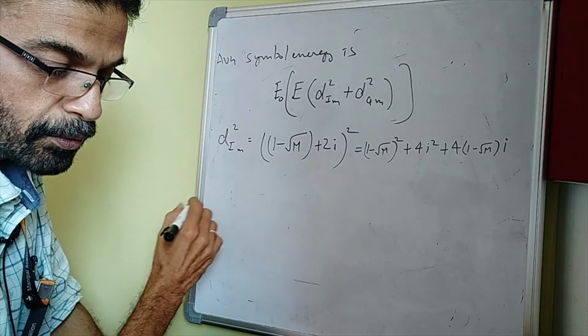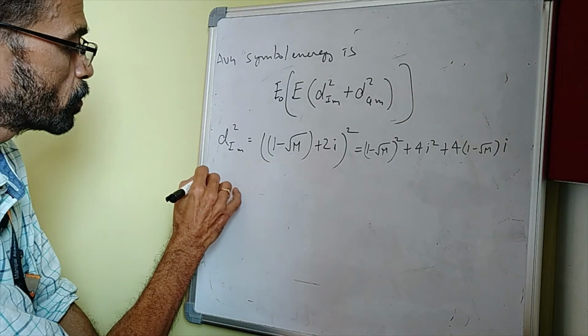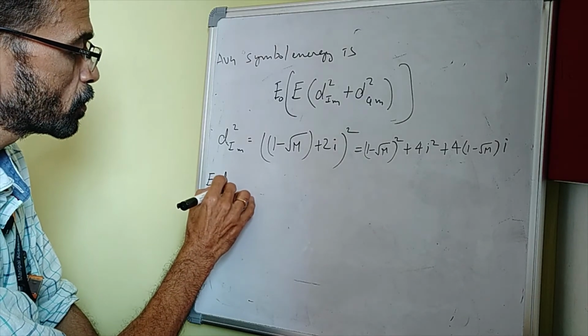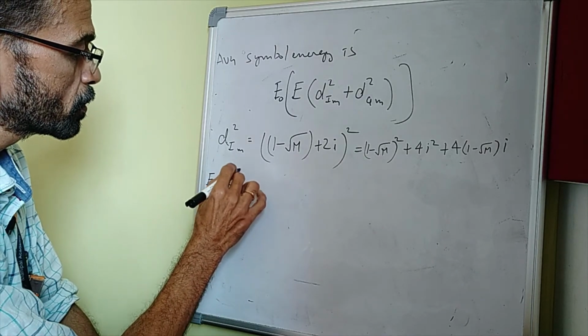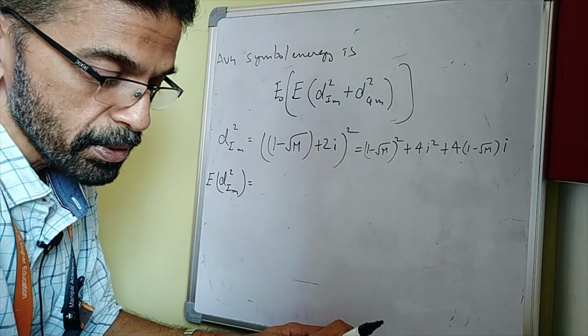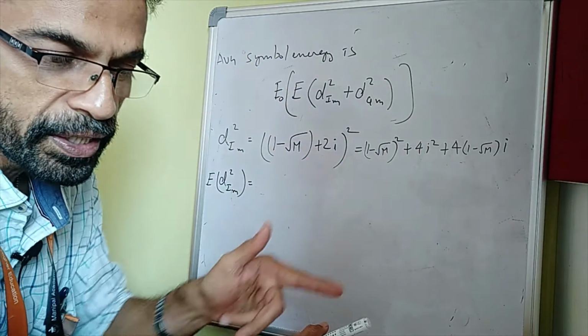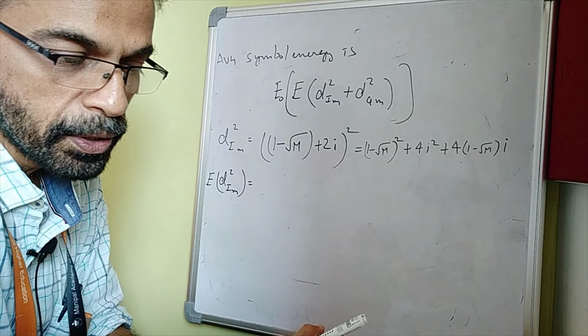And the expected value of DIM square would be, if we make the very reasonable assumption that the different values which DIM can take are all equiprobable.